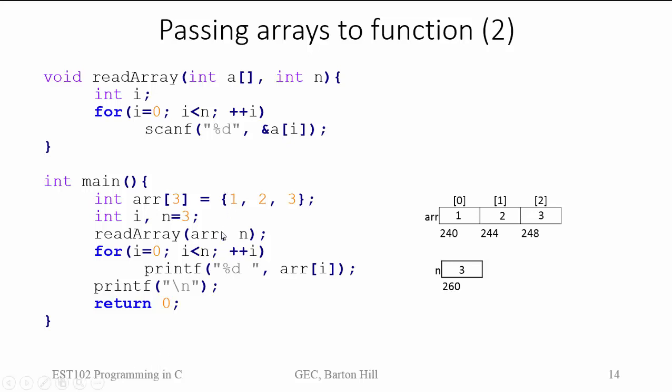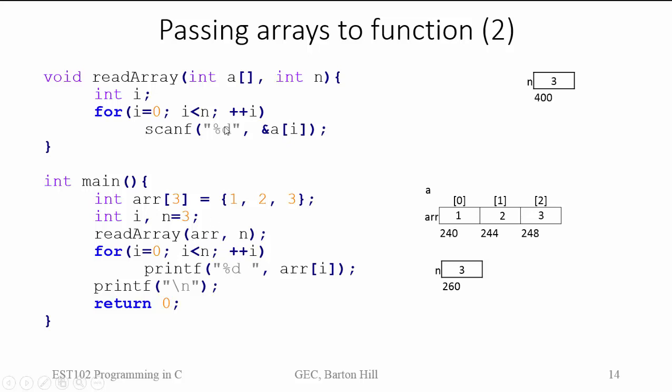But if we are passing an array to a formal argument like A open bracket close bracket, then what happens is that it will consider an array A which has the starting address of ARR. So this A will consider ARR's address as its starting address. So we can say that A is actually a reference to ARR.